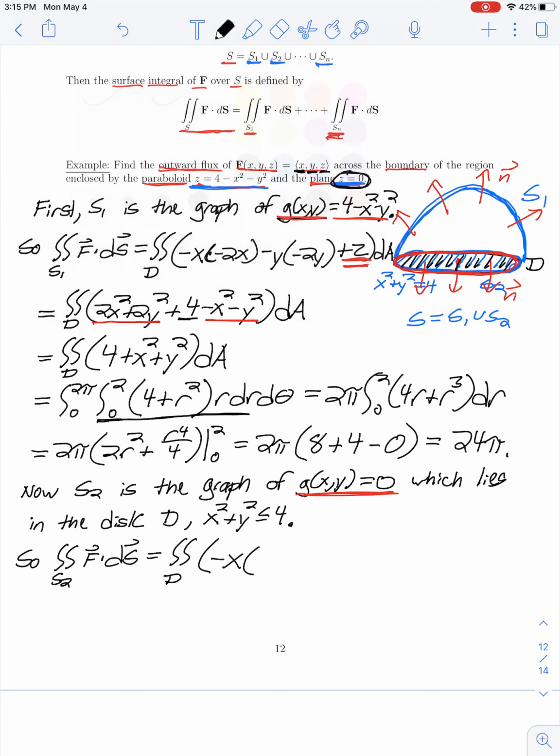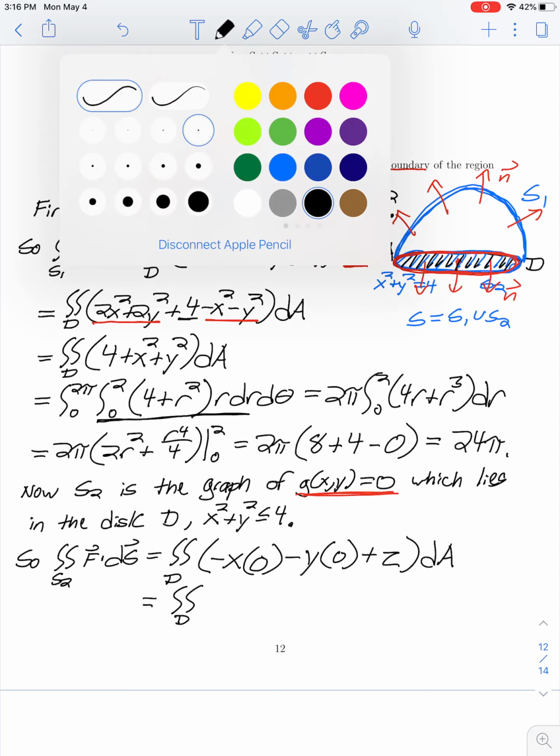So its partial derivative with respect to x would be 0. Then minus q, the second component of our vector field, which was y, times the partial derivative of g with respect to y, which would be 0. And then plus the third component of our vector field, z, with respect to area. So here we have the double integral over D.